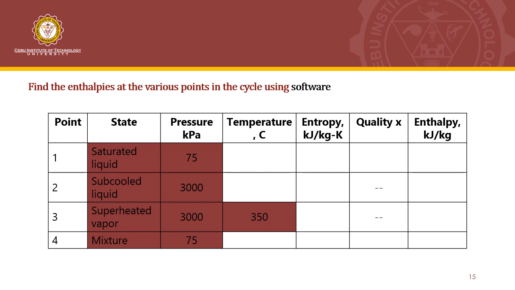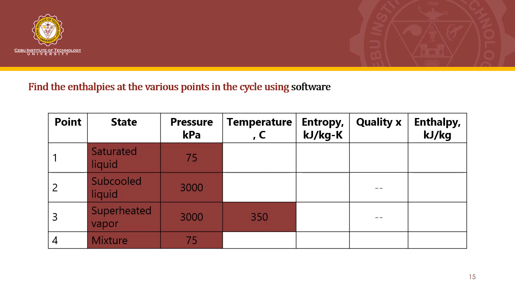When we say property, these are pressure, temperature, entropy, quality, and enthalpy. Those are the dimensions. However, if it is not saturated liquid or saturated vapor, meaning it is a subcooled liquid, a mixture, or a superheated vapor, you need to have two properties in order to use the software.